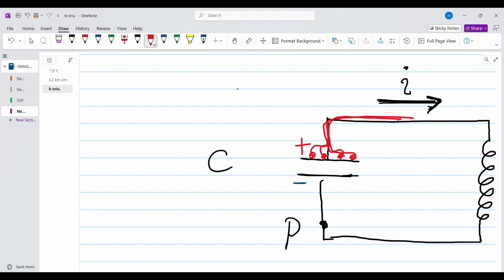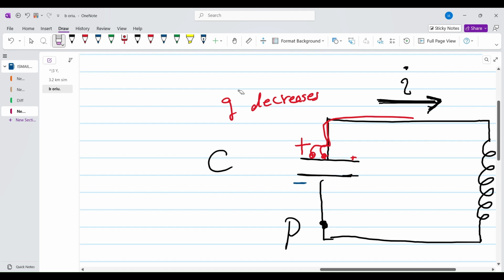So they will leave this capacitor plate. Now, in this case, Q decreases while i has a positive value.